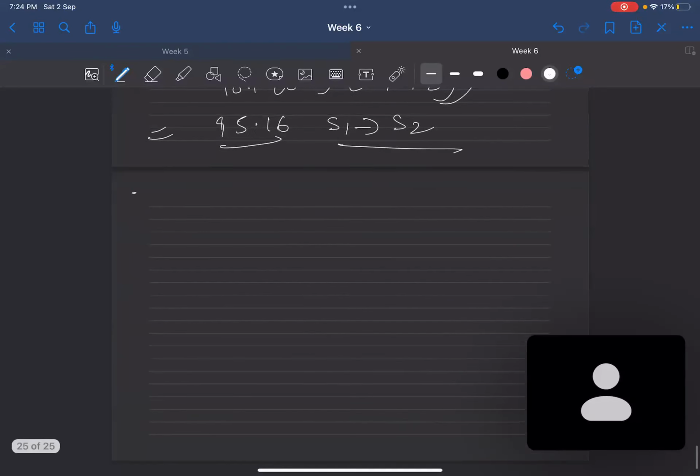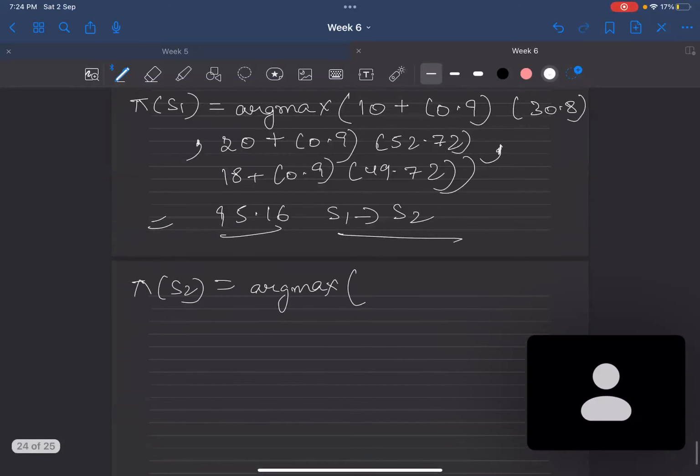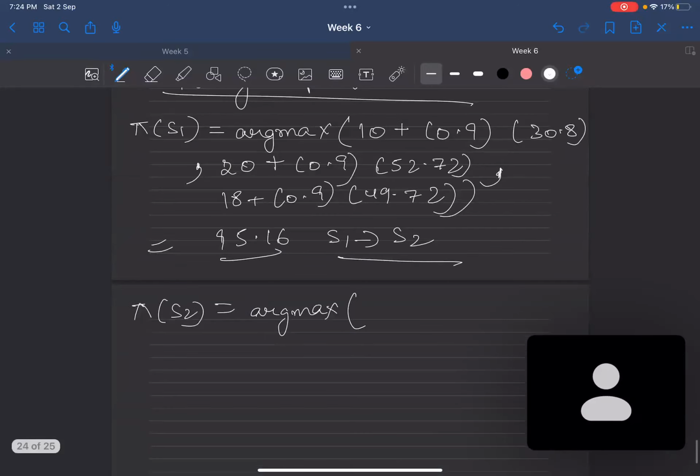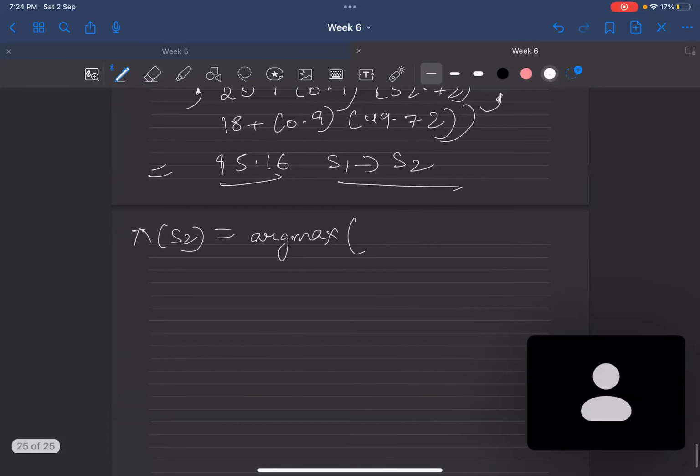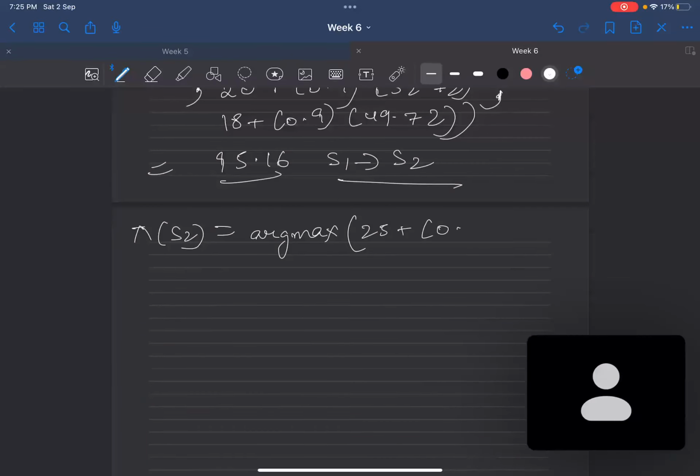So pi of S2. S2 to S1: 25 plus 0.9 into the value of S1, 30.8.